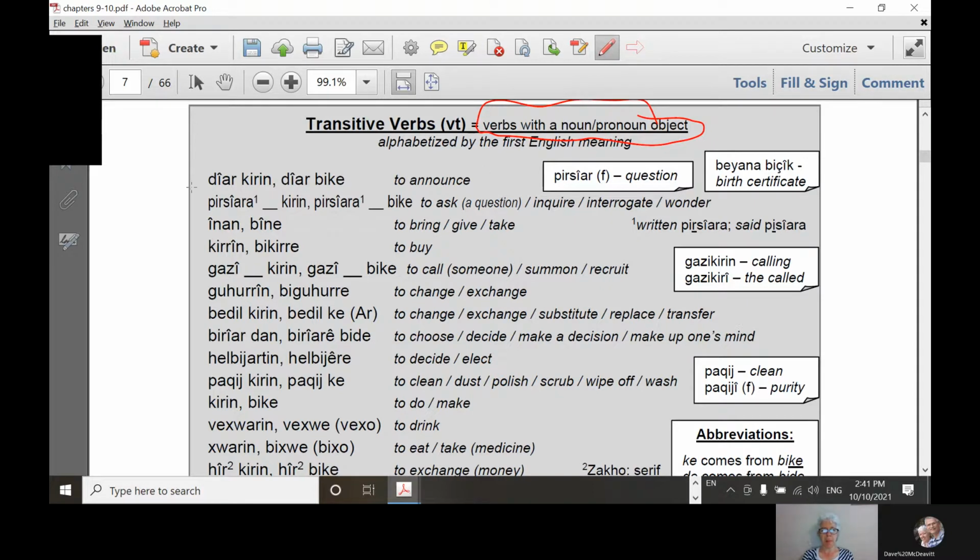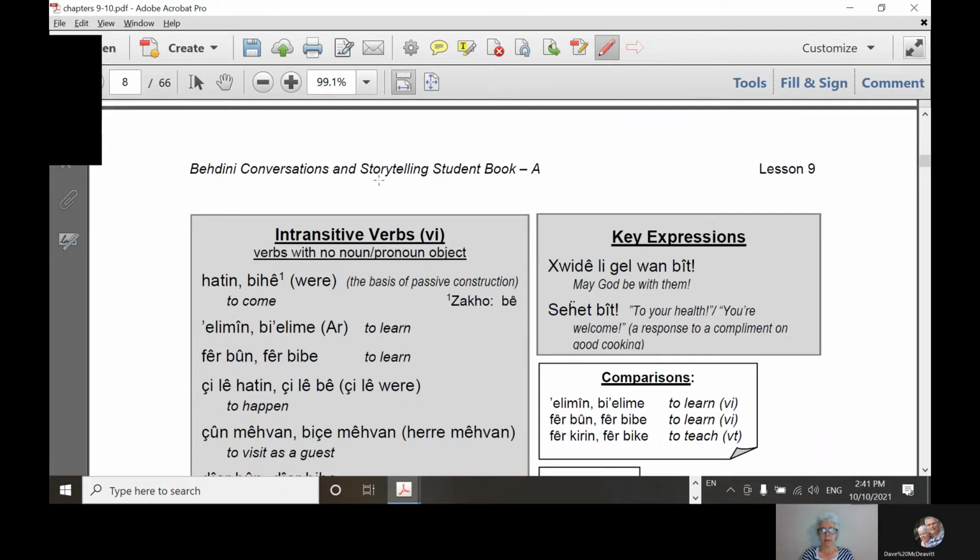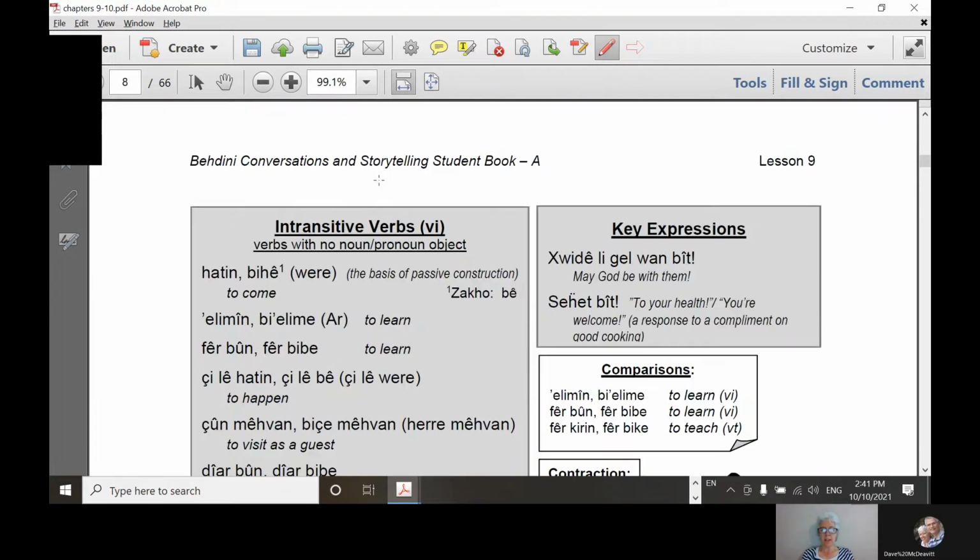So, for example, to announce. You announce something. You announce a birth. You announce an engagement. You announce information. All of these verbs are transitive. And then on 199, you do have a list of intransitive verbs.